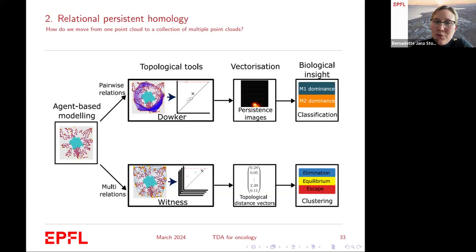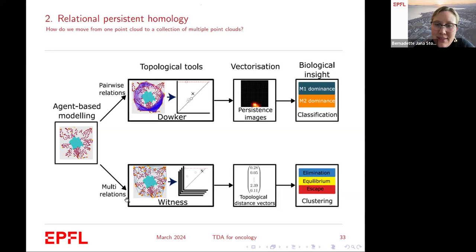So the 2 tools from topology that we used here were, the first one, the Dowker complex. This focuses on pairwise relations. We vectorized this using persistence images and then used this to gain insight into whether or not a particular image was predominantly M1 or M2, so pro-tumor or anti-tumor macrophages.